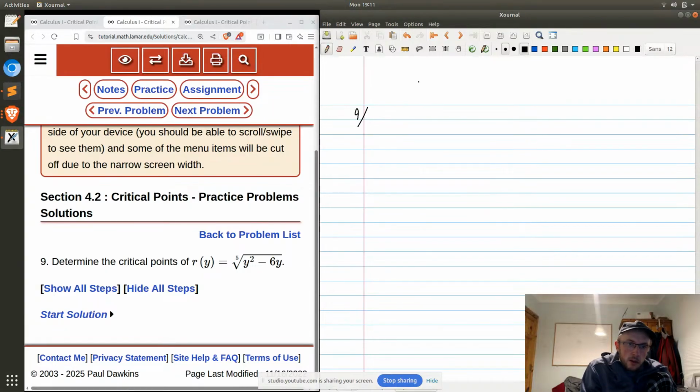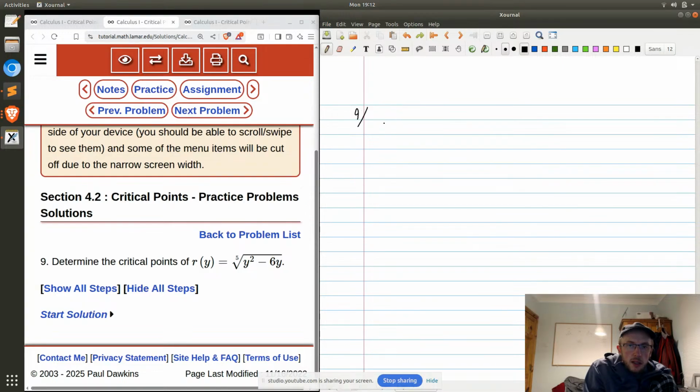Determine the critical points of r of y, where r of y equals the fifth root of y squared take 6y. Okay, so no, the fifth root is defined on all real numbers, sorry.